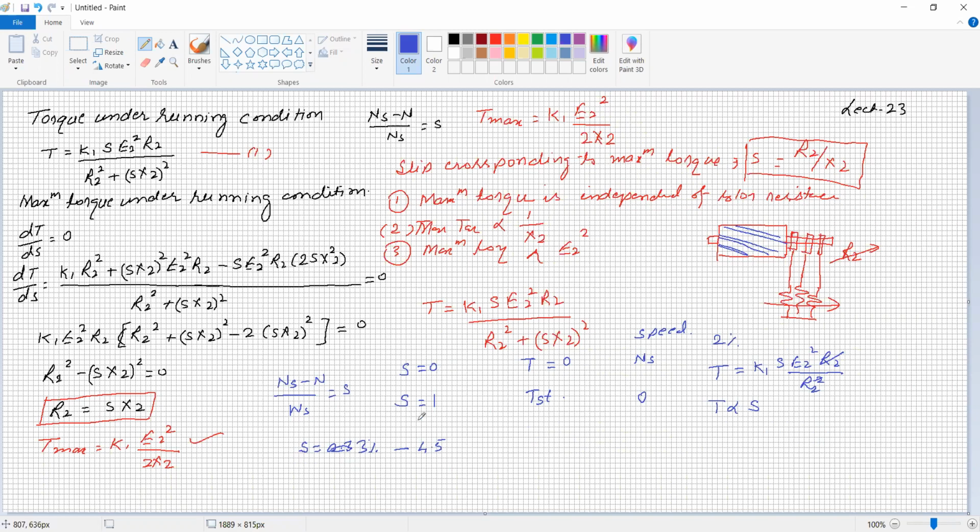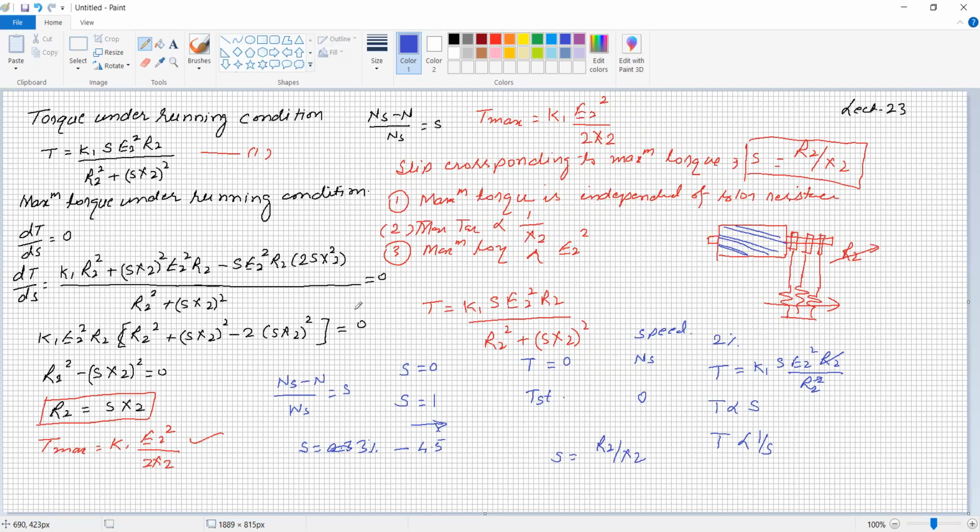Whereas as the slip increases, this factor becomes higher as compared to the resistance, and torque is inversely proportional to slip. So from slip equal to 0 to some value, the torque-slip relation is directly proportional, and somewhere the torque becomes maximum at s equal to R2 upon X2.